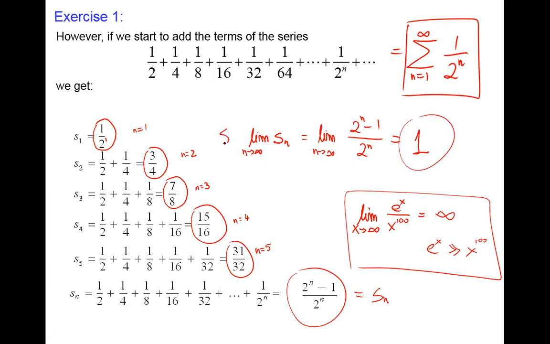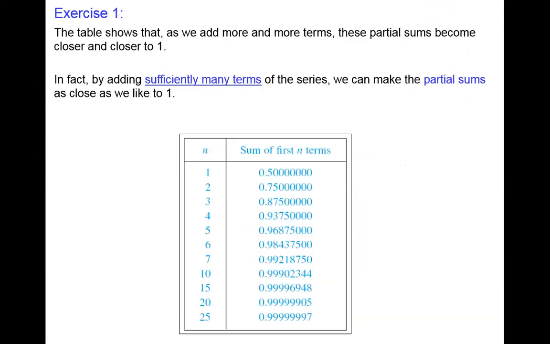Okay? This is the sum of the infinite series. I can say this is equal to 1. I mean, convergent to 1. Let me say this. Convergent means approach. Okay? Convergent to 1.